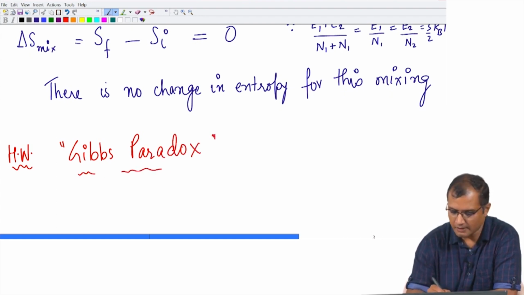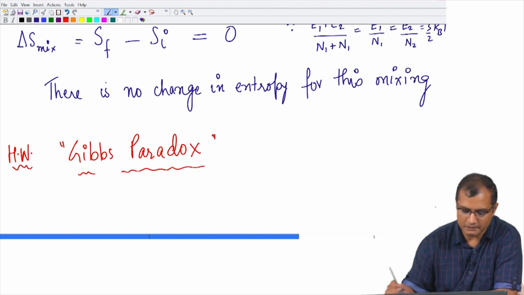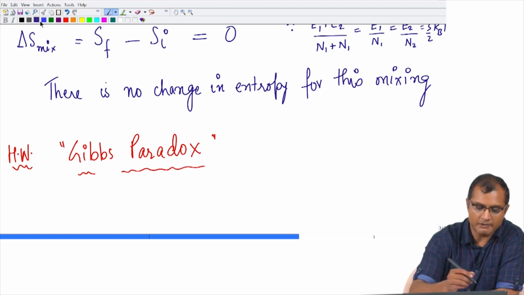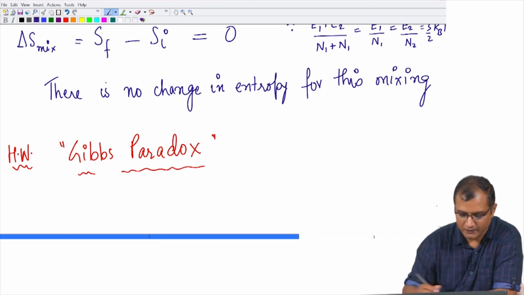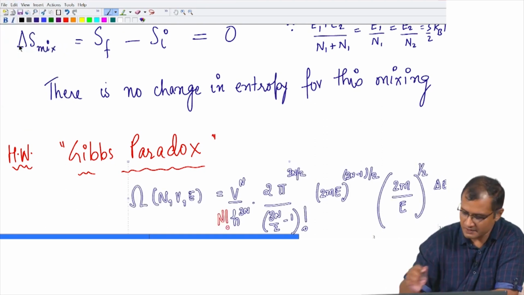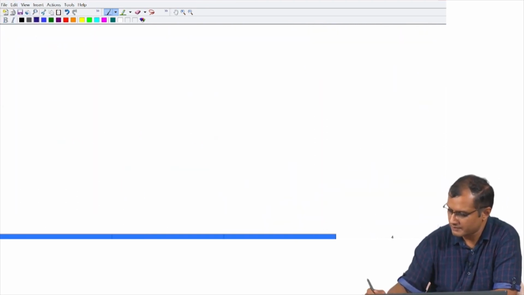It is a very simple thing to understand. We did not encounter it because we did the calculation correctly, but suppose you were to do this calculation incorrectly, and this is where Gibbs paradox comes.